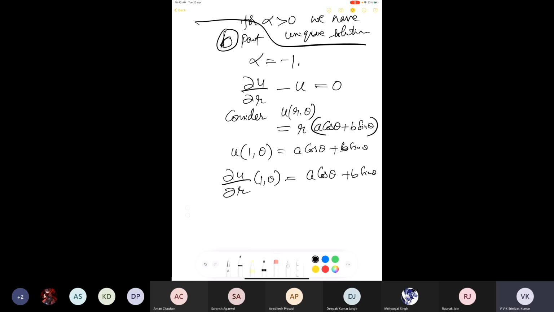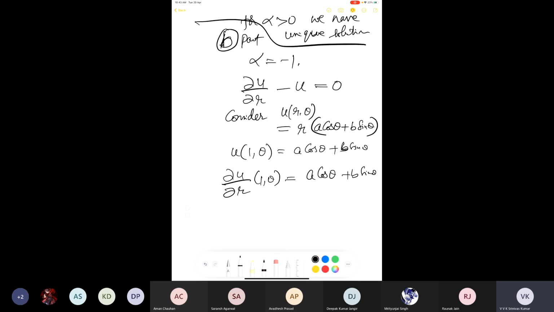How does alpha come in? Laplacian of u is equal to alpha u, where alpha is -1. We can take a and b arbitrary.